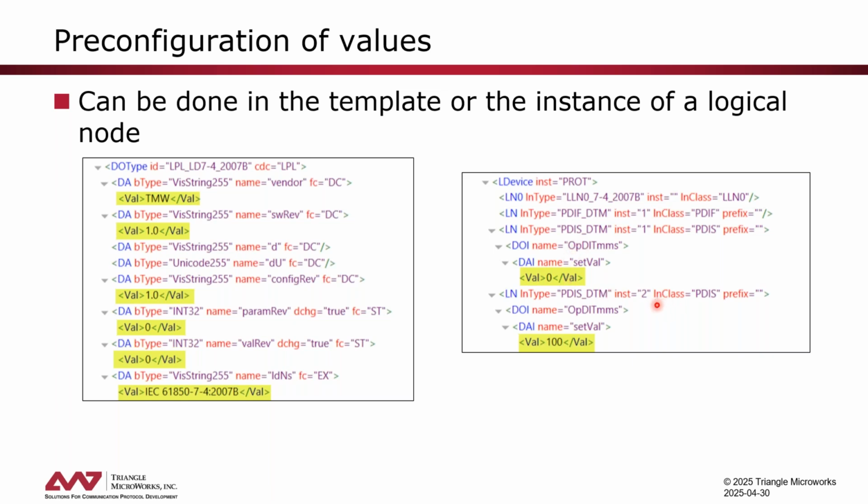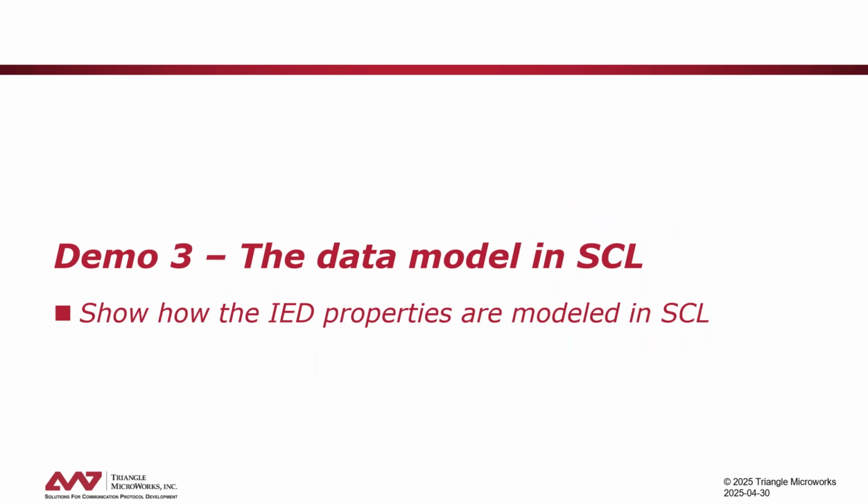The zone 2 element, which is typically delayed, we can here configure the operate delay setting, in this case, to 100 milliseconds. So that's where we can configure individual values in our SCL file. And Jackson will now show that on a practical example again. So with that, I hand back to Jackson.